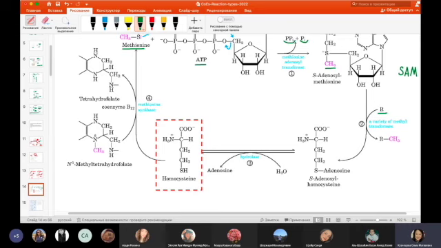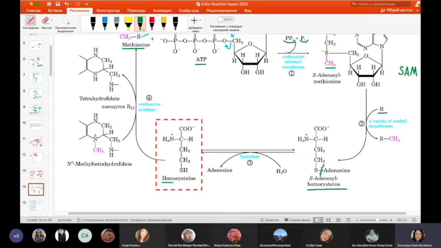Then Mr. Sam lost the methyl group. It is converted to S-adenosyl homocysteine. In the next step, a hydrolase eliminates the adenosine part from S-adenosyl homocysteine, forming this molecule.